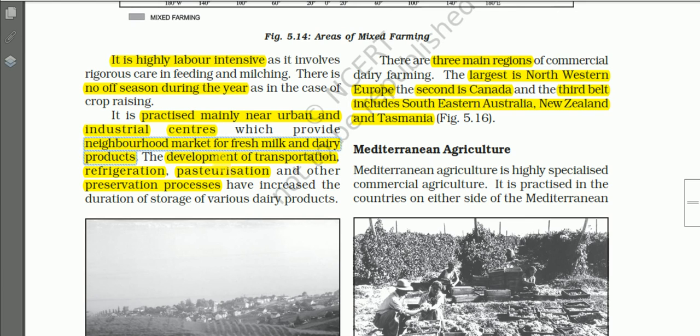Then the development of transportation, refrigeration, pasteurization, and other preservation processes have increased the duration of storage of various dairy products. So this is a new development.